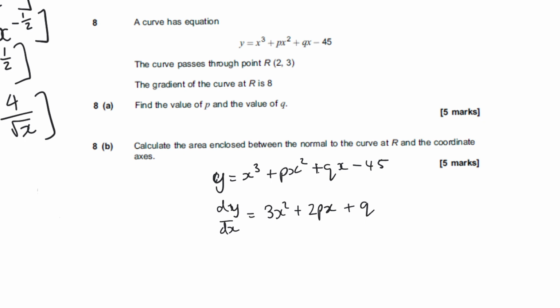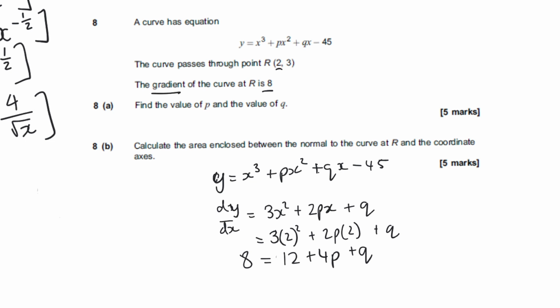And then if we now substitute in the values of when x is 2, that would be 3 times 2 squared plus 2p times 2 plus q. So then that would end up being 8. Not 8, sorry, because 2 squared is 4 times 3 is 12. So then 12 plus 4p plus q is equal to 8, because we know the gradient, aka dy by dx, is equal to 8.